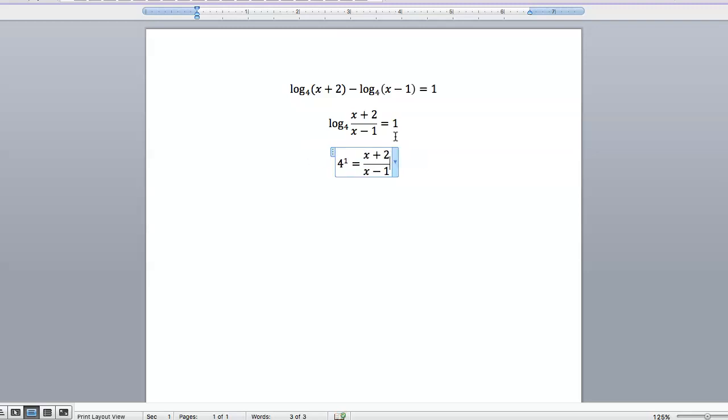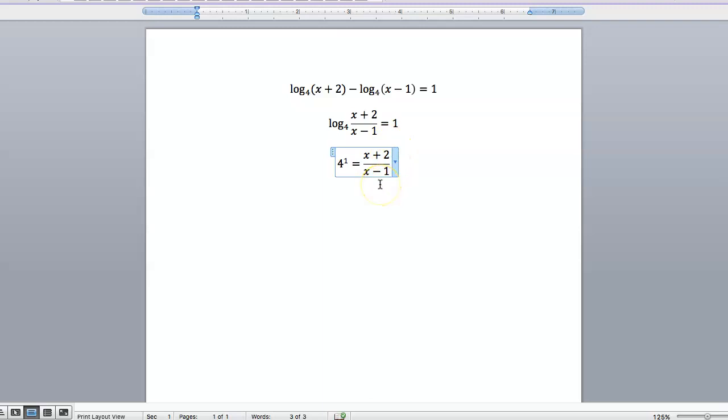Well, look what we have now. It's not a logarithmic equation anymore because the logs are all gone. Now it's a rational equation. So we're going to solve this in the usual way for rational equations, which is to say I'm going to multiply both sides of my equation by my common denominator.